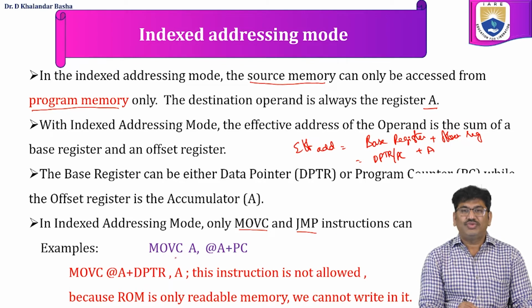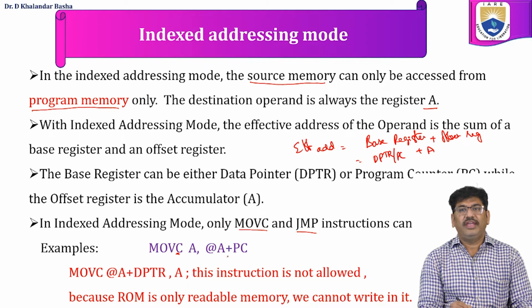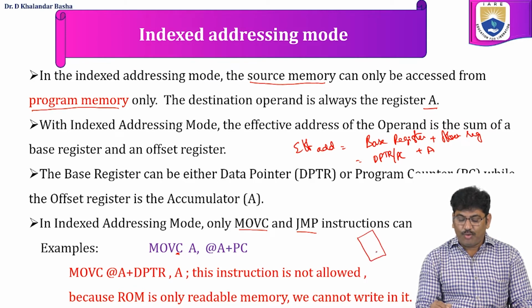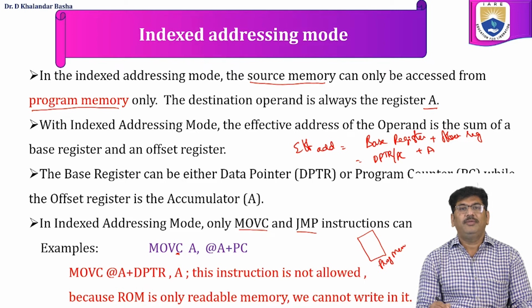Examples: MOVC, which indicates a code byte, A, @A+PC. The @ signifies it is an indirect manner of referring to a memory location. So the address is in the program memory.